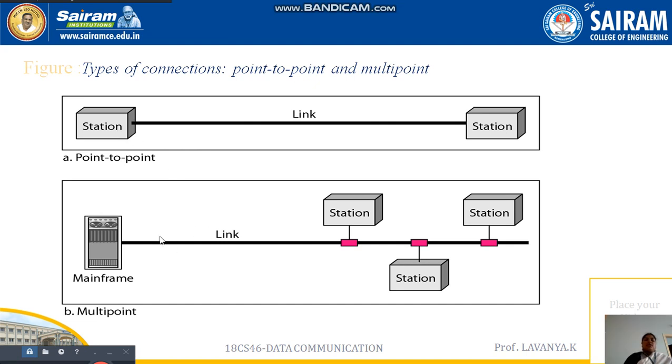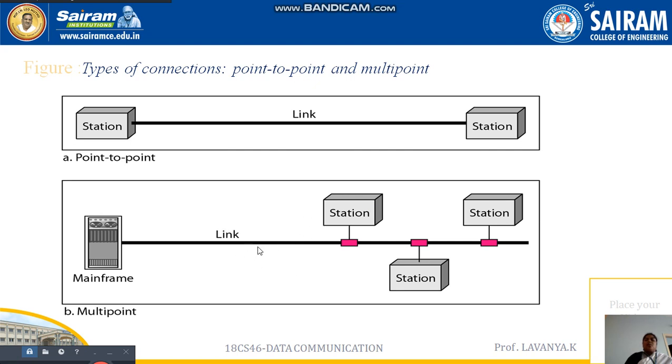The next one is multipoint. In multipoint, the connection is established between one main device, with the same link, connected to n number of devices. Once the link is activated, then all the devices become activated.